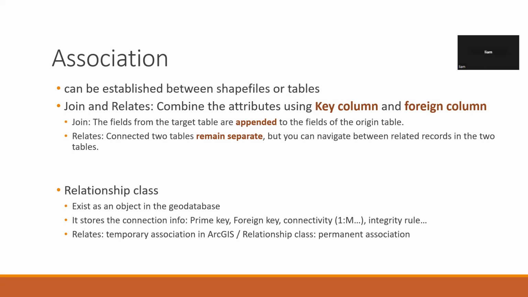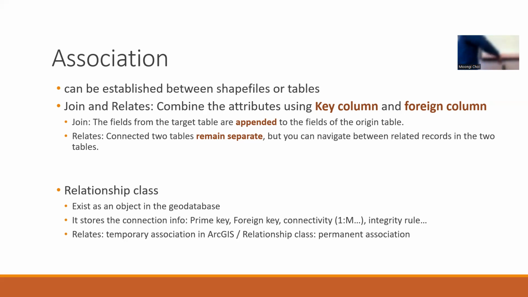Join is that the fields from the target table are appended to the fields of the origin table, right? And then you can make the result one combined table, right? But when you use a relate, we add a relate to one table, and then the connected tables remain separate. That's the difference between join and relates.